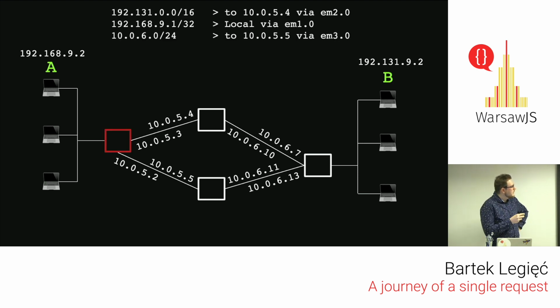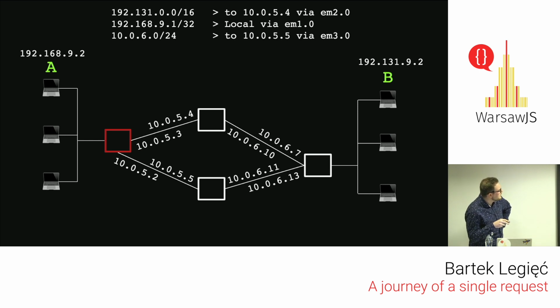Each computer has something called a route table. And we've got IP addresses, and you can see those numbers at the end. These numbers at the end are masks for the IP addresses. It says just read the first 16 bits, and it tries to match the destination IP address as best it can.